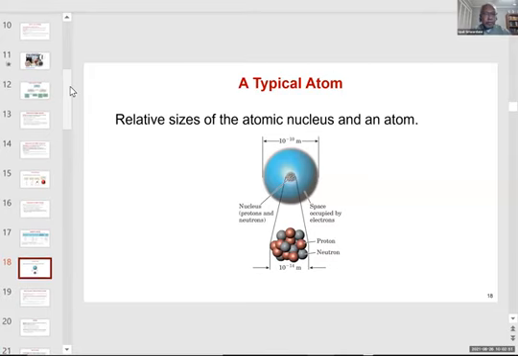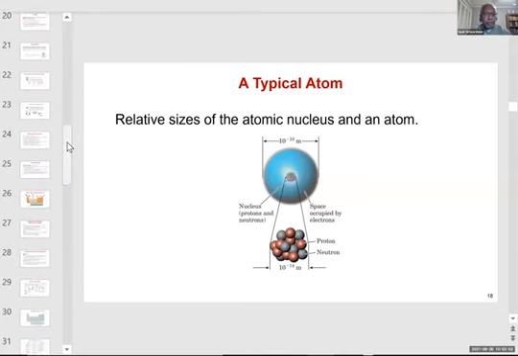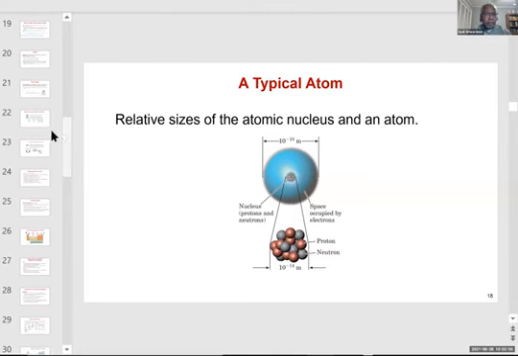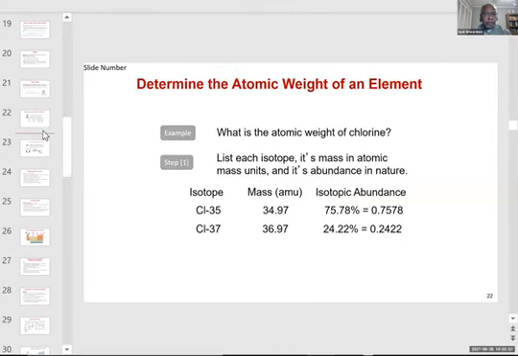We were talking about, the last item we talked about was how the atomic masses in the periodic table are calculated from the isotopic masses. So we went over that.